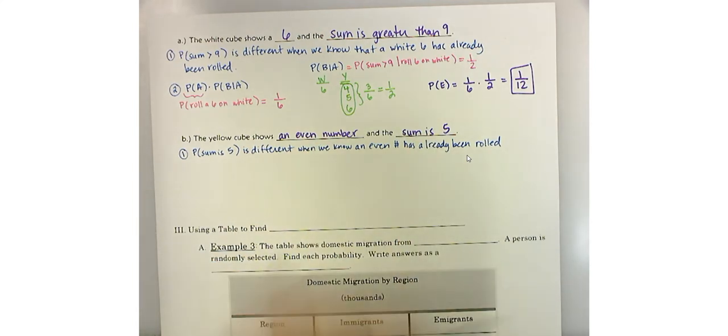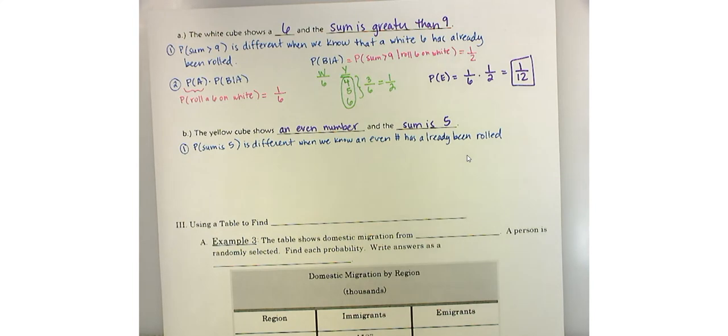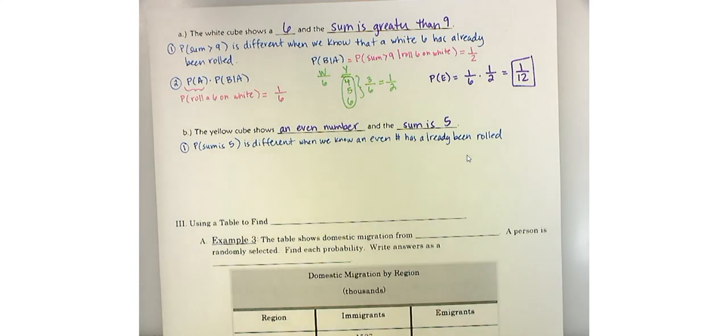So the probability of event A is the probability that the yellow cube is even. Okay, so if you are on a number cube, the even numbers are 2, 4, 6. That's how many out of the total? 3.